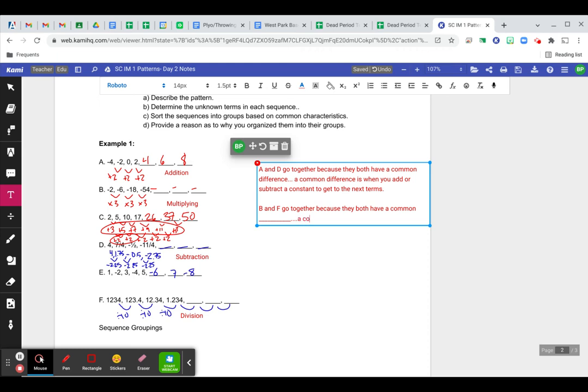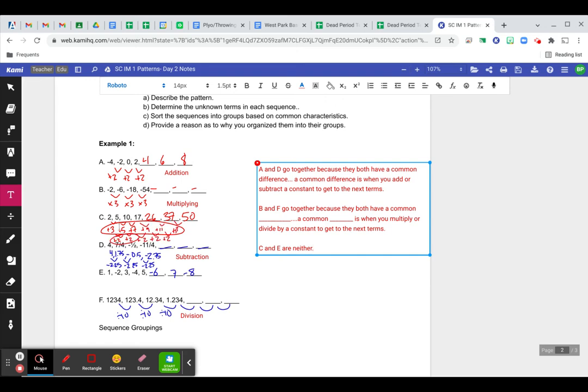And a common... fill in the blank, you can go find it if you want to, is when you multiply or divide by a constant to get to the next terms. And then lastly, we got C and E are neither. Okay, so they're kind of their own little thing going on there.